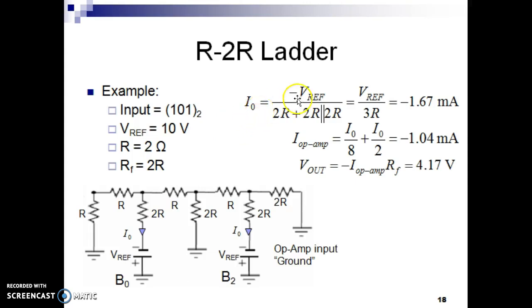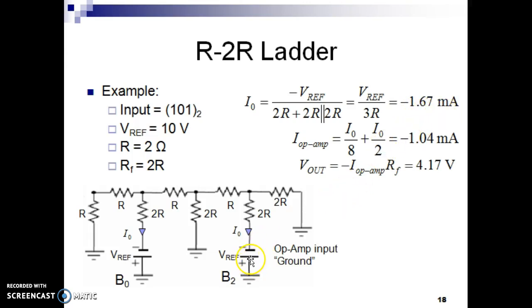I0 is equal to minus V reference divided by 2R plus 2R. Here one 2R is here, this is one 2R. These 2R and 2R are in parallel, and this can be added with 2R plus R. That gives the current, which is around minus 0.67 milliampere.